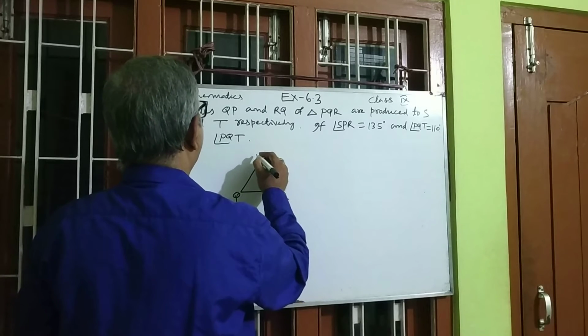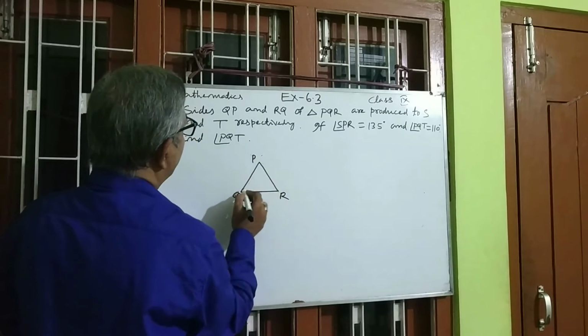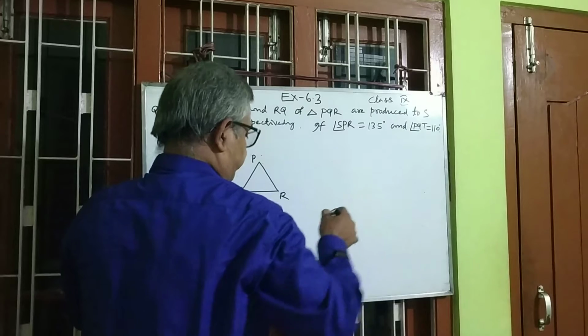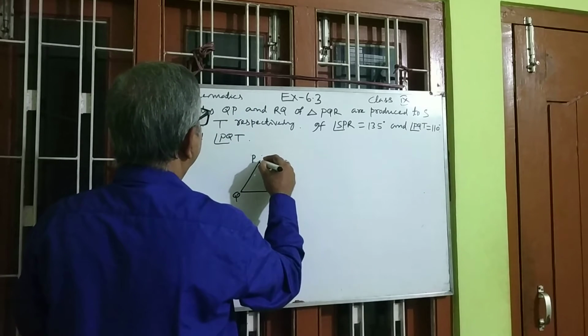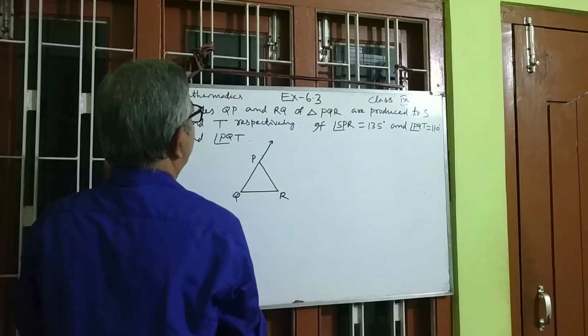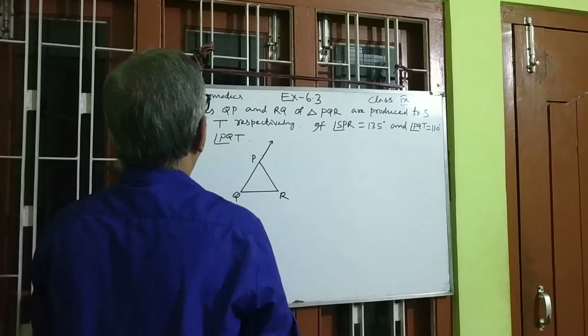QP is produced to S. With the help of a scale and pencil you will produce it, so it will be straight.